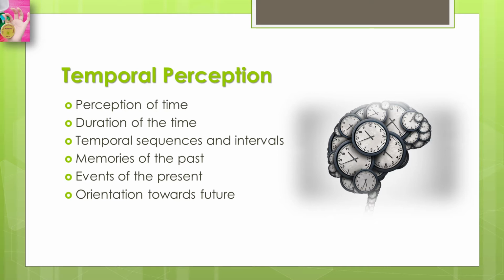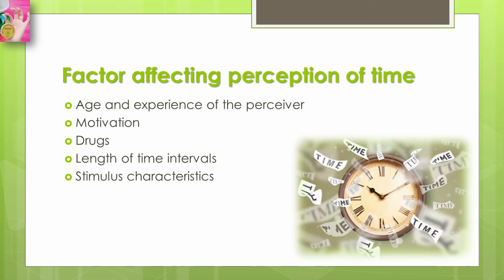And we also have the experience of temporal sequences and intervals, and it also involves the memories of the past, even events of the present, and orientation towards the future. Now, we'll be discussing some factors that are affecting the perception of time.